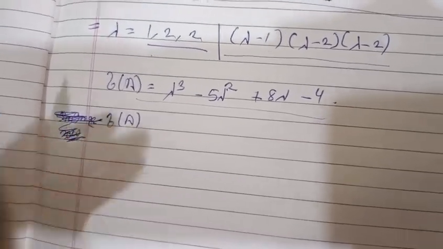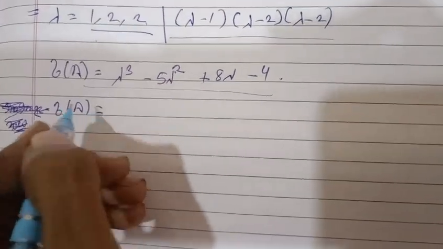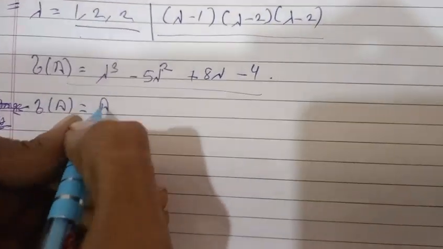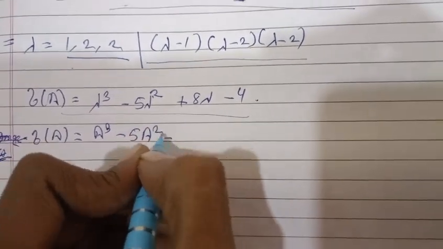It's another form, next is a cube minus 5 a square.